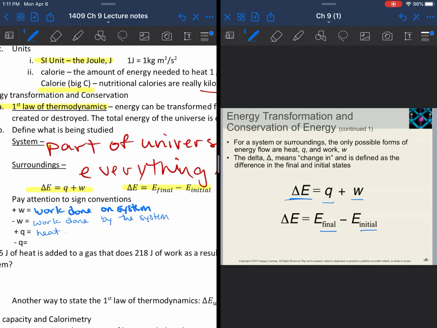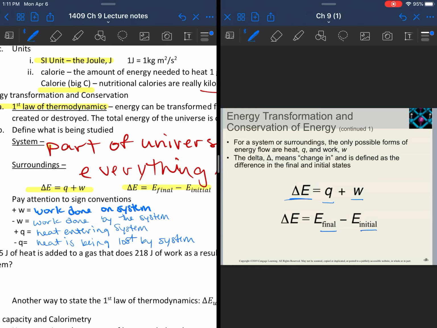A positive heat flow is going to be, let's see, how do we say this? Heat entering the system, right? So if you are heating a reaction, that's going to be a plus Q. The delta E of the system will be going up because you are adding thermal energy.